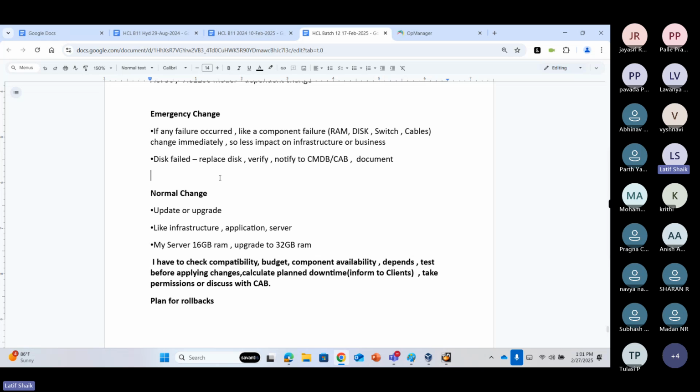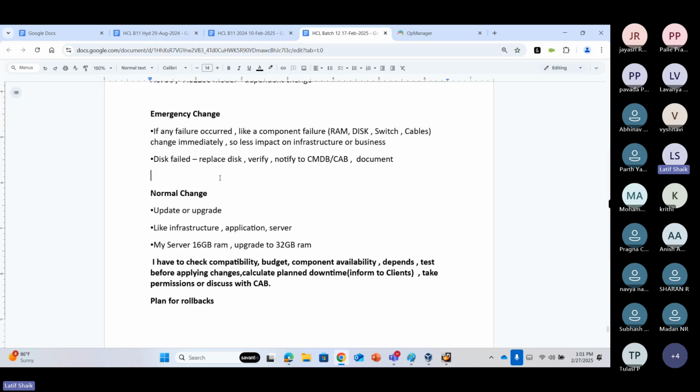Immediately you check whether the component disk is available or not, whether backup is available or not. Connect the new disk, restore your system backup entirely, connect it, and start working.